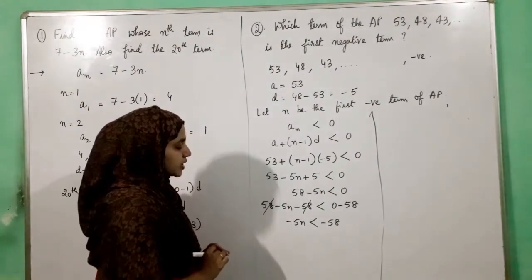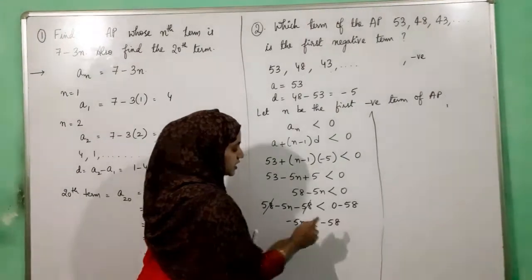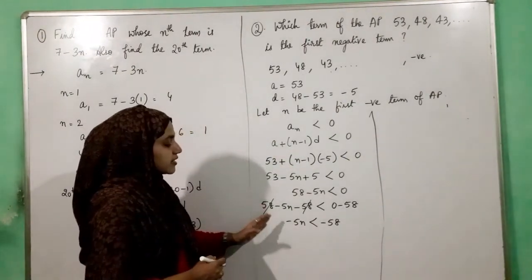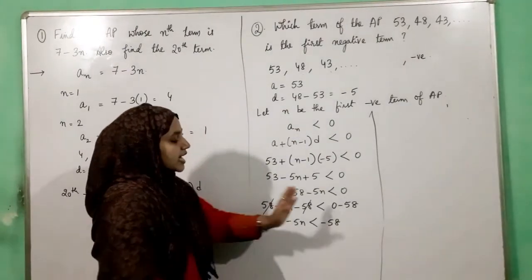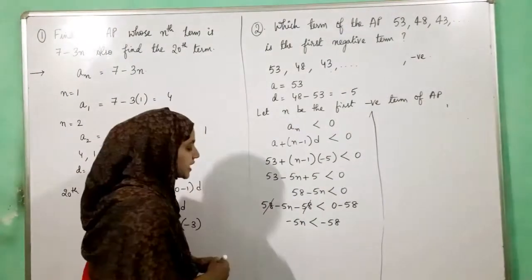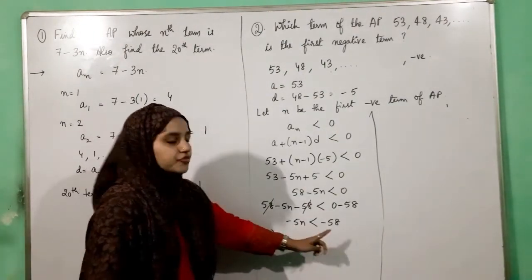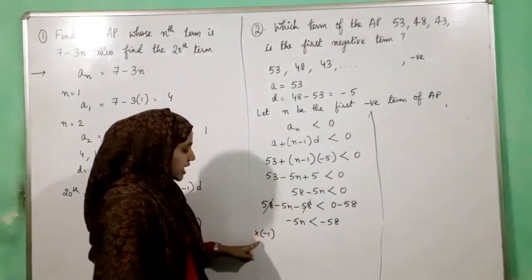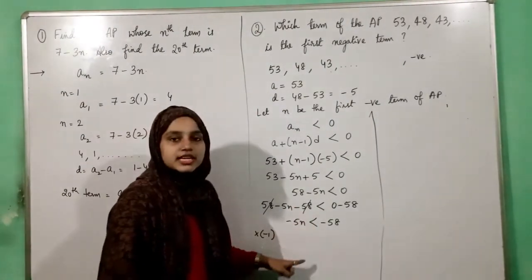Okay. So now you can see I have got minus 5n here and minus 58 here. To get rid of the negative sign, I will multiply the LHS as well as the RHS with minus 1. As I had said, if I am multiplying with some negative number, the sign will get reversed.